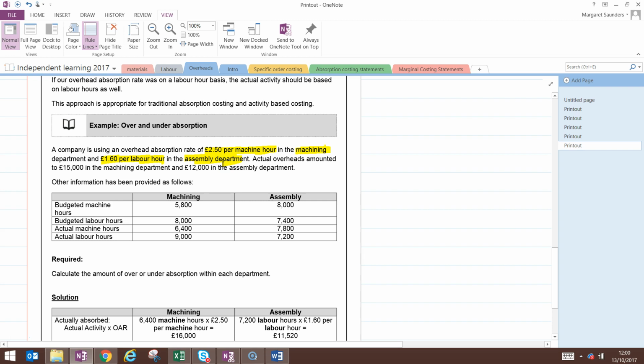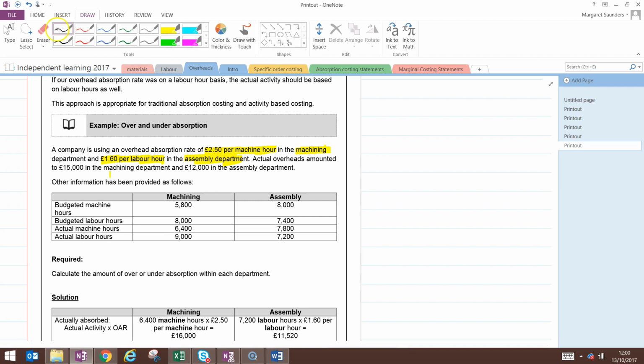We're told that the actual overheads amounted to £15,000 in the machining department and £12,000 in the assembly department. And then we have some further information in relation to hours worked. And we're required to calculate the under or over absorption within each department.